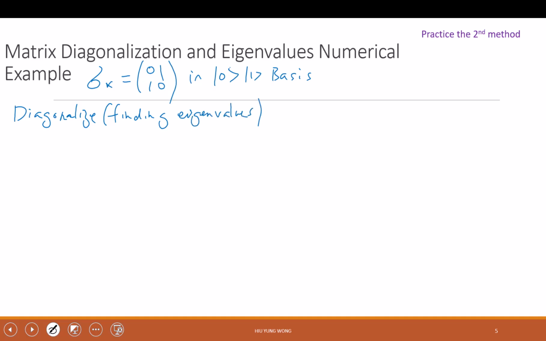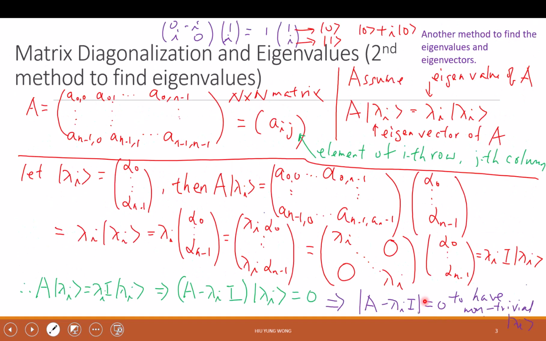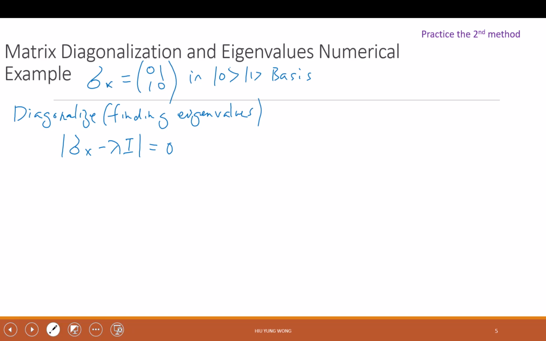And I'm using the method we just used. What did we say? The determinant of A minus lambda I equals 0. That is the equation we had here, but now A is equal to sigma x, right?